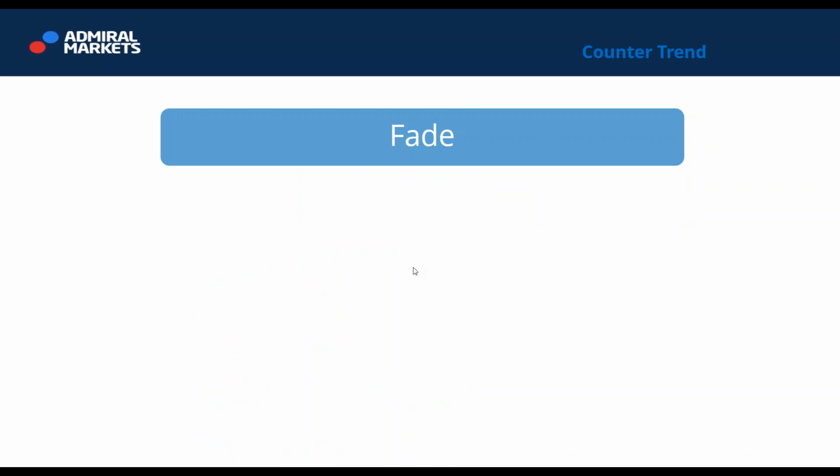So first, let's start with counter trend. What is a counter trend move? First of all, a counter trend move is a so-called fade. Probably you have heard a lot of times that big banks, hedge funds, and big traders actually fade the move. So when price starts going up, suddenly you might see it reversing.